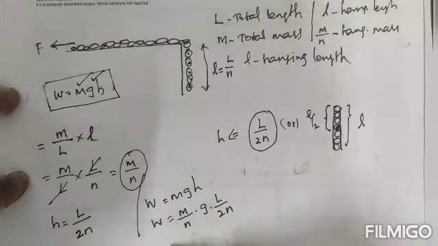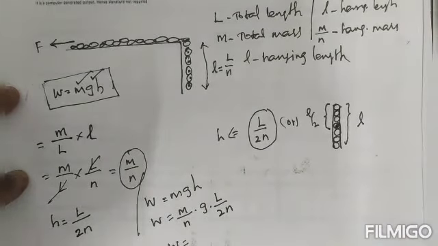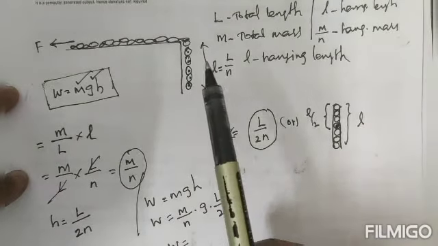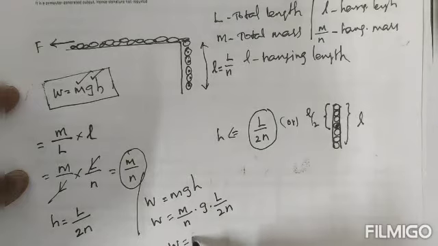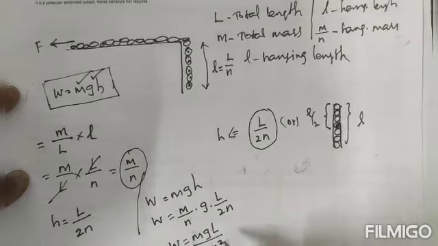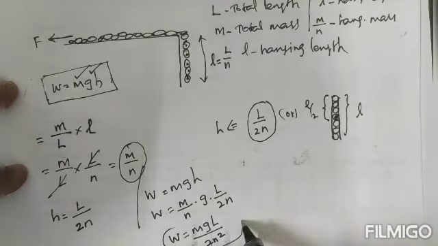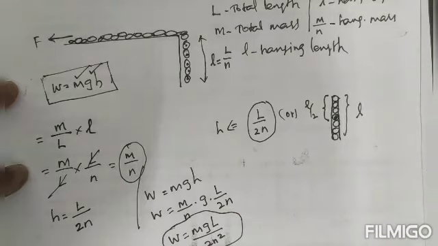So finally, the work done to pull the hanging part of the chain onto the table is mgL divided by 2n squared. So this is the formula.